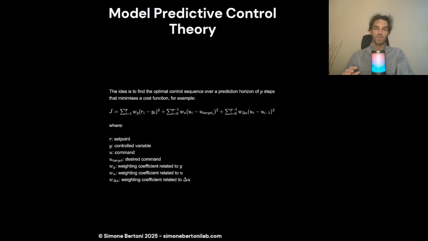So a very important feature of model predictive control is constraints and how constraints are handled in a multi-input, multi-output system or single input, single output, but it's a very important feature. So this minimization is always subject to constraints. And how we set the constraints is how we can reap most of the benefit of the algorithm.